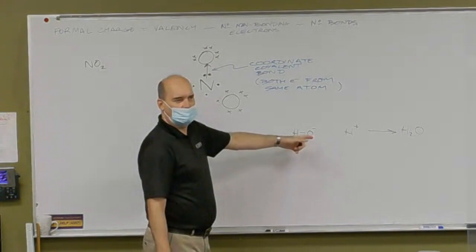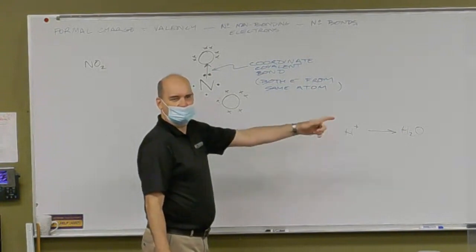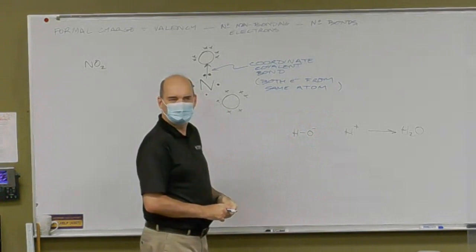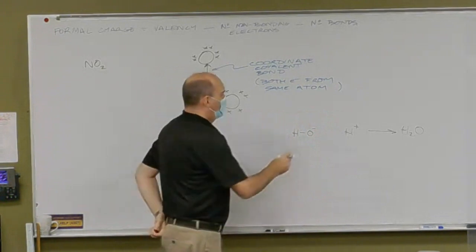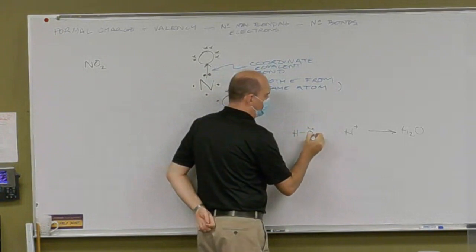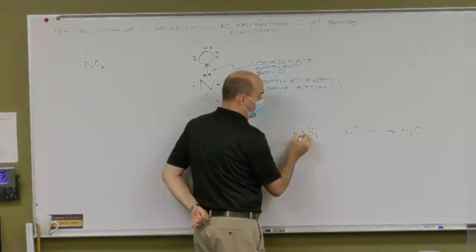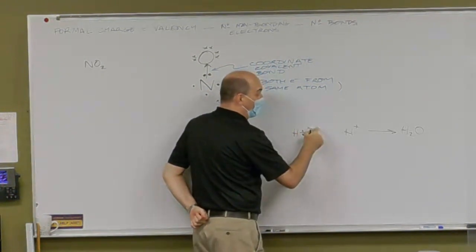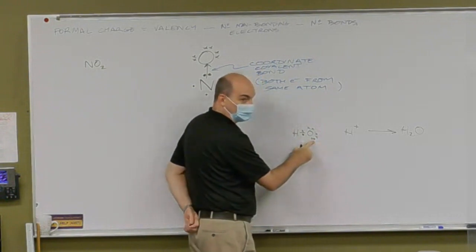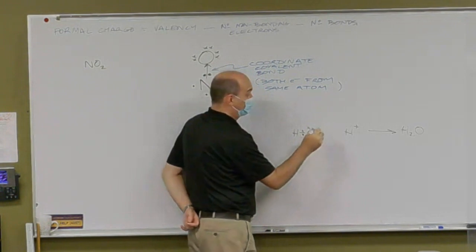You just wrote a lab report on the net ionic equation for acid-base neutralization, right? Oxygen has 6 electrons. 1, 2, 3, 4, 5, 6. The hydrogen adds another one, and then there's a negative charge. That negative charge is an additional electron from somewhere.